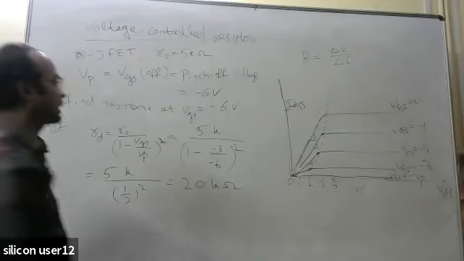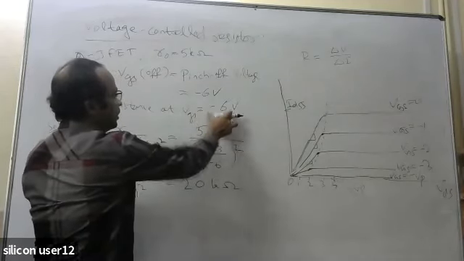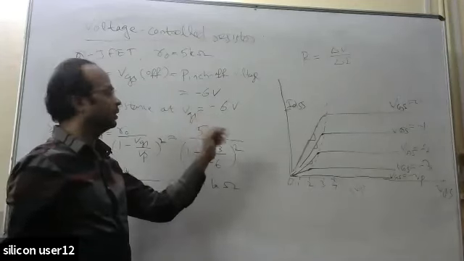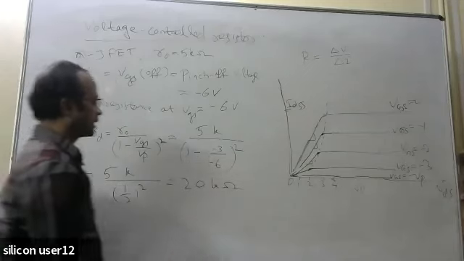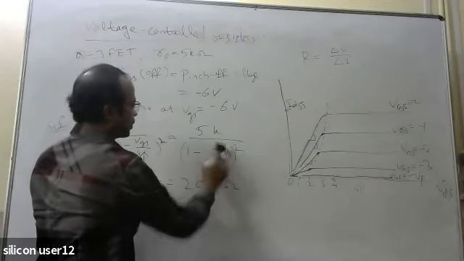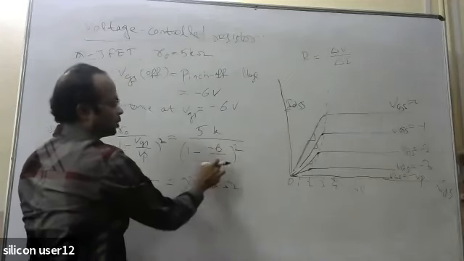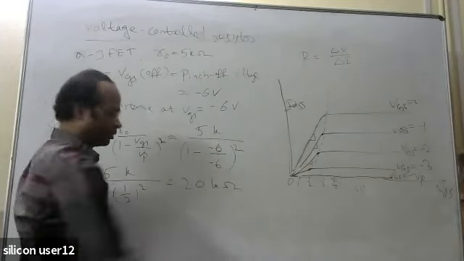Directly you don't have to calculate. Since VGS is equal to VP, that means it is off. Off means the resistance will be infinite. Or if you put minus 6 here instead of minus 3, then 1 minus 1 is 0, so 5 by 0 is equal to infinite.